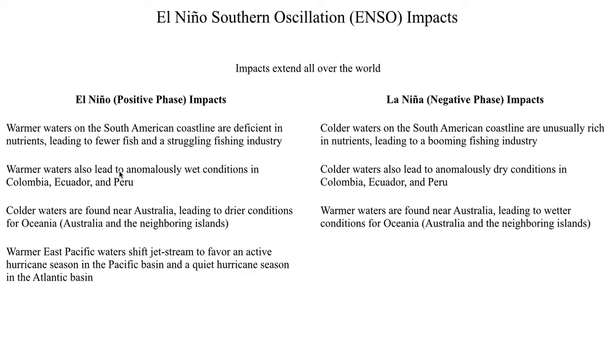Another thing this does is shift the jet stream, so that the subtropical jet and the polar jets are much farther south than normal over the continental United States. That also extends into the southern half of the Atlantic Basin. So during an El Nino year, you'll typically have a really active Pacific storm season with more hurricanes than normal in the Pacific Basin, and a relatively inactive season in the Atlantic Basin.